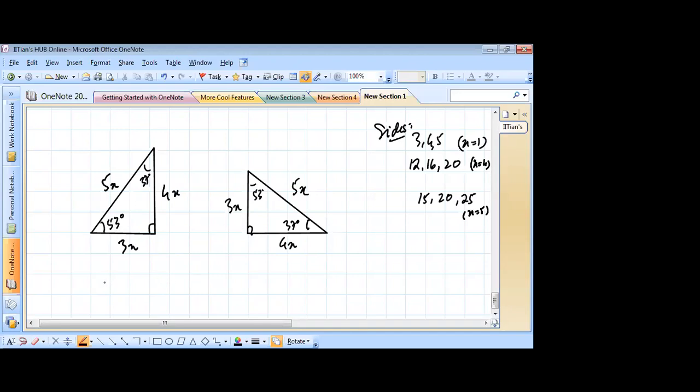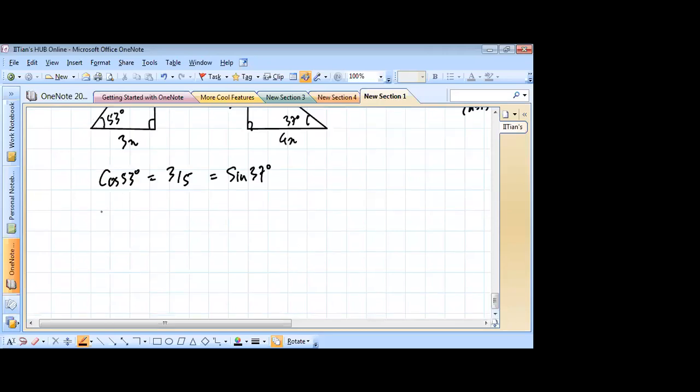Alright, so the important thing here is that cos 53 degrees is 3 by 5, which is the same thing as sine 37 degrees. And cos 37 degrees is 4 by 5, which is the same thing as sine 53 degrees.